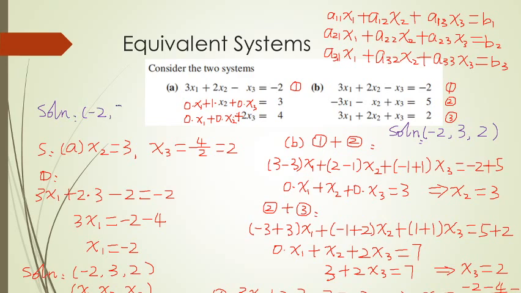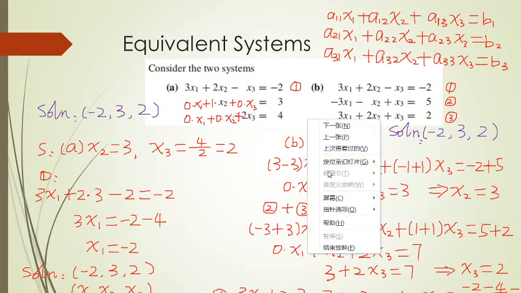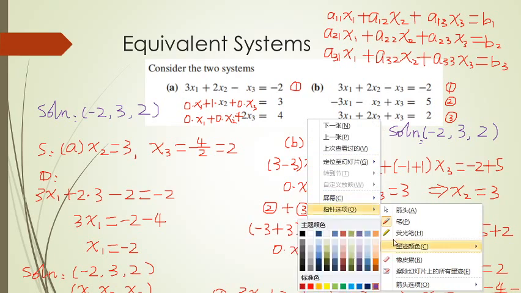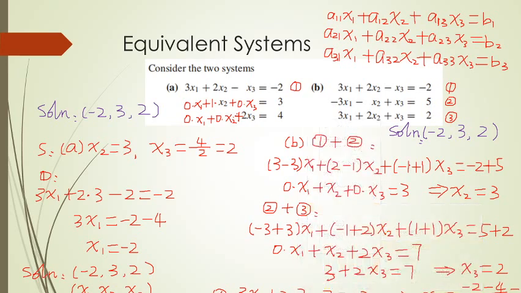What is the solution for part A? Minus 2, 3, 2. You will notice that those are two different 3 by 3 systems, but they have the same solutions, which means exactly the same x1, x2, x3 values. So those two systems are called equivalent systems, which means they share the same solution set.